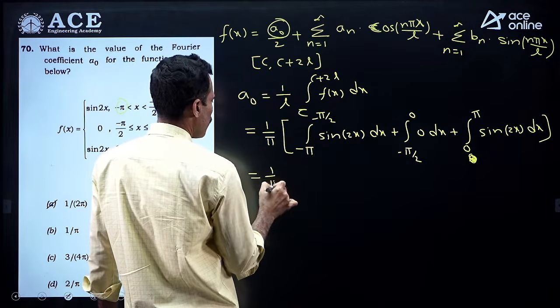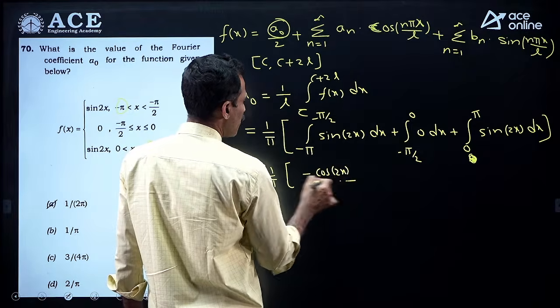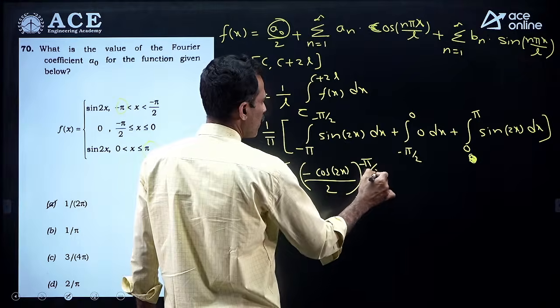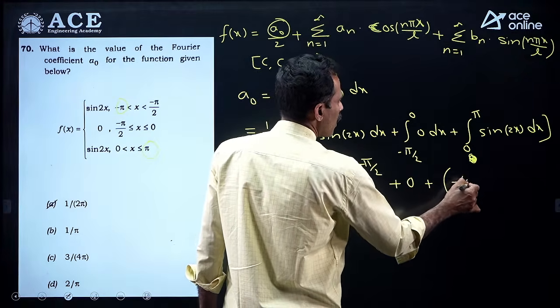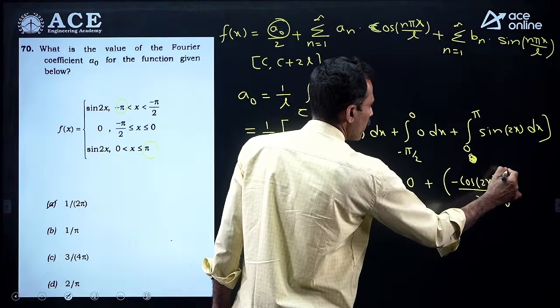This is equal to 1 by pi, the integral of this being minus cos 2x divided by 2, from minus pi to minus pi by 2, plus the second part which is 0, and the last part minus cos 2x divided by 2 from 0 to pi.